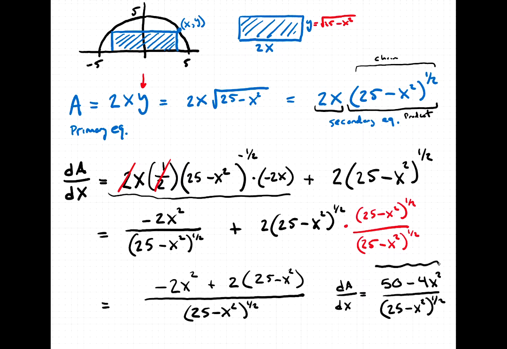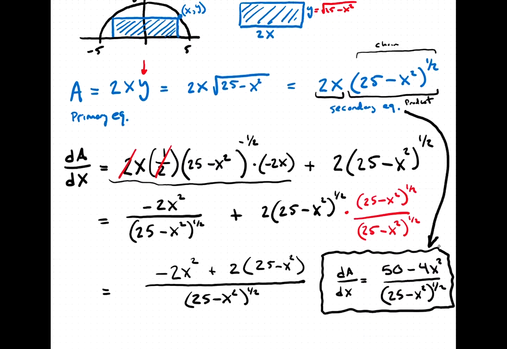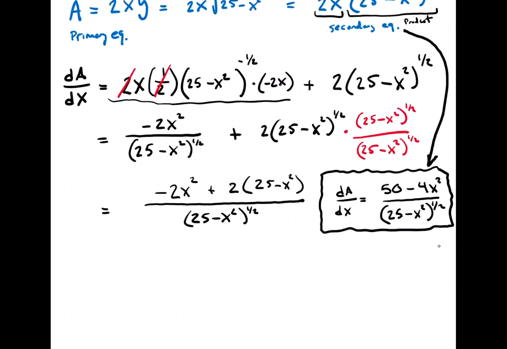All right, so that's our derivative. So we take our secondary equation, we find the derivative of the secondary equation, and we use that to find the critical values or the potential places where the function could have a maximum or minimum value.